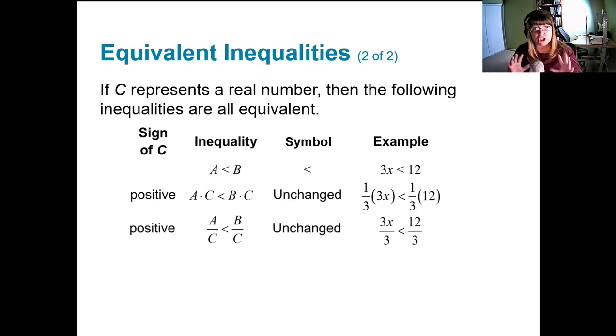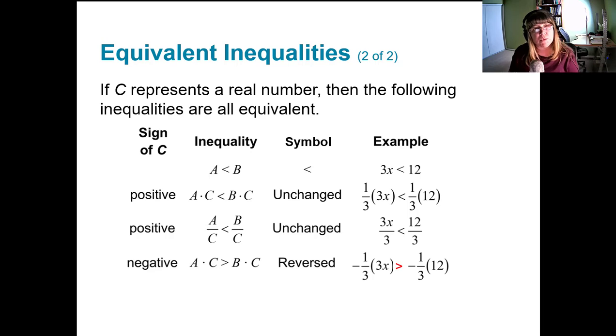But here's where the change comes. When we multiply by a negative number, our sign reverses. It changes. So remember that 2 times -3 is not less than 10 times -3. We have to switch the order, reverse the symbol to make it a true statement. So now we have 2 times -3 is -6, which is greater than -30.